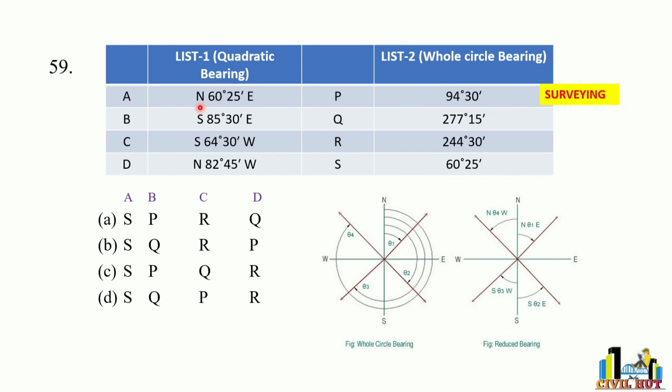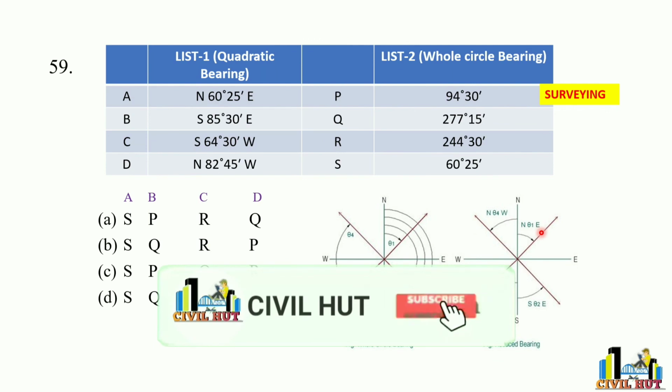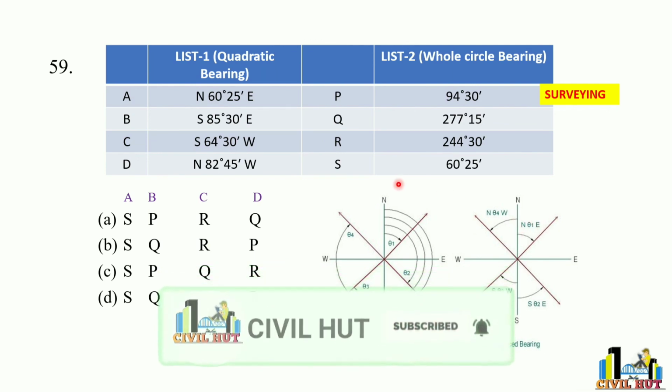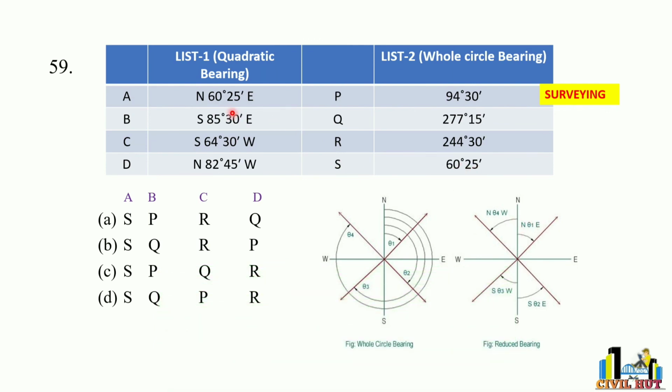Here north 60 degrees 25 minutes means in the first quadrant only, so option A matches with S. Next is south 85 degrees 30 minutes east.